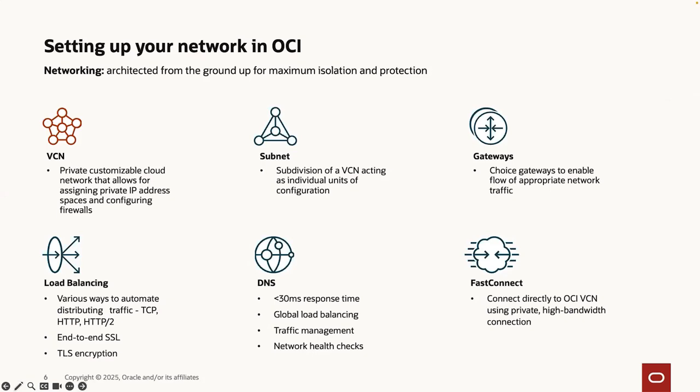Gateways, these enable traffic flow from one network to another. The load balancing service, which provides an automatic traffic distribution from one entry point to multiple servers reachable from your VCN. DNS, so the domain name system, which translates human readable domain names to machine readable IP addresses. And lastly, our Fast Connect, which is a high-speed, low-latency connection that allows you to access public and private Oracle Cloud services from your local infrastructure.